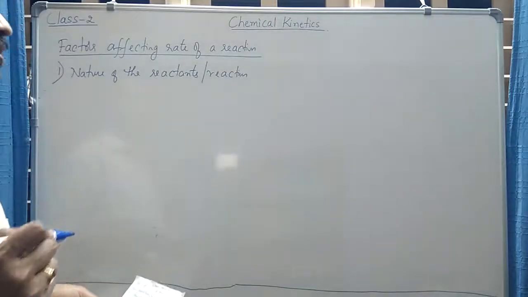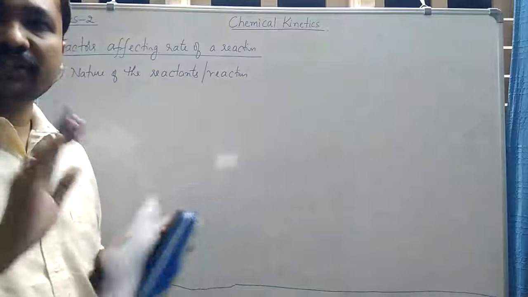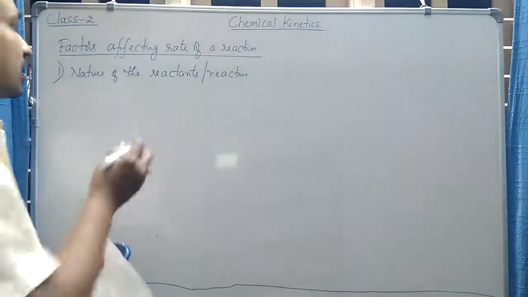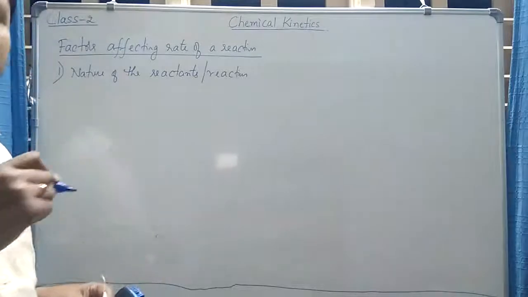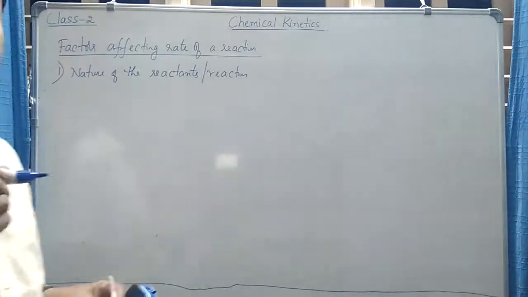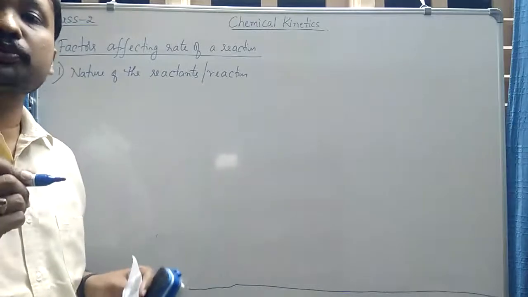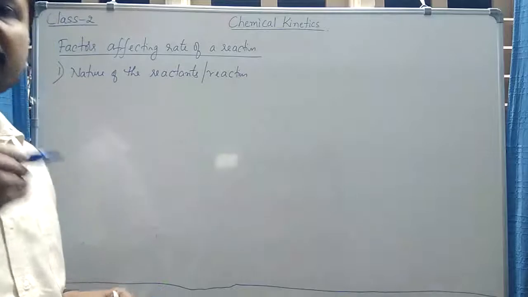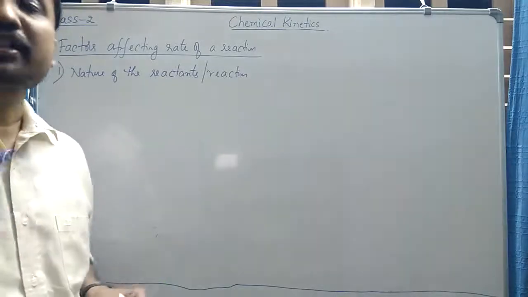So we can expect that since the nature of the reactions are different, the rate of the reaction will also be different. If I take, for example, reactions of similar type, say I have two reactions 1 and 2, and both are nucleophilic substitution reactions, still the rate of these two reactions will be different. Why?